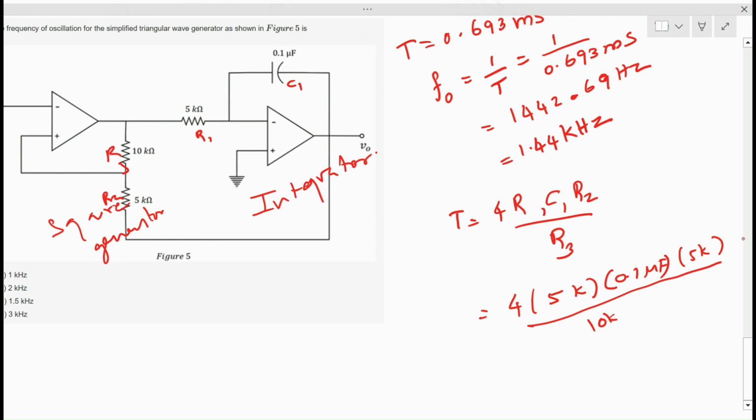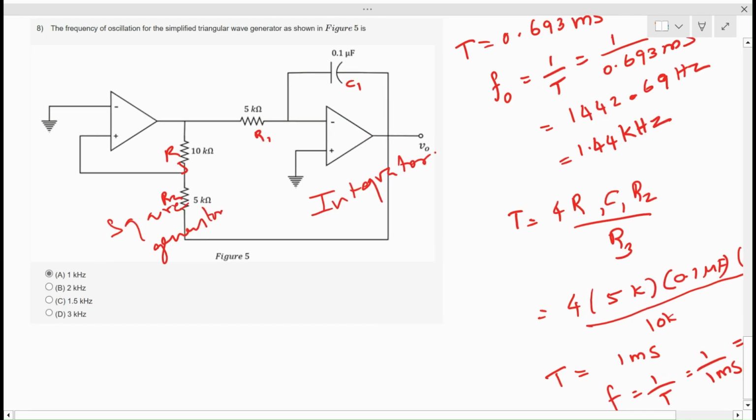If you simplify this, you will get 1 millisecond. T equal to 1 millisecond, and f equal to 1 by T, that is 1 by 1 millisecond, which is 1 kilohertz. So the answer is option A.